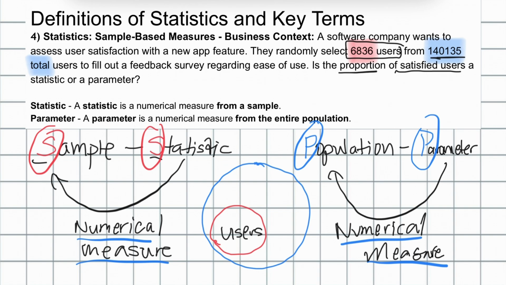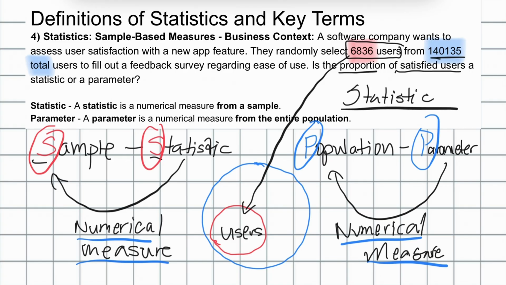Since we are analyzing the smaller amount, and a statistic and sample have a correlation, the answer is going to be a statistic. That's your answer.